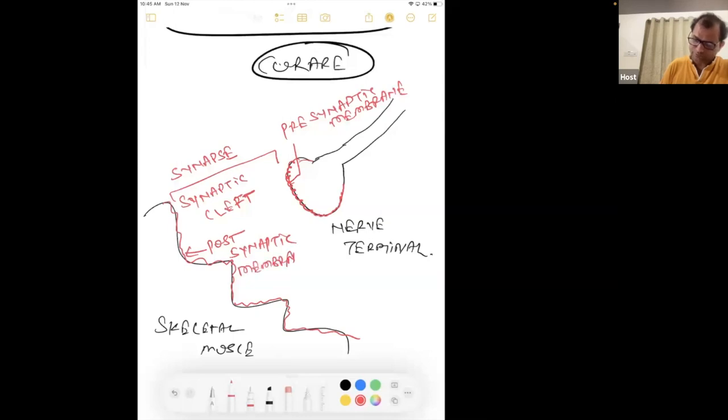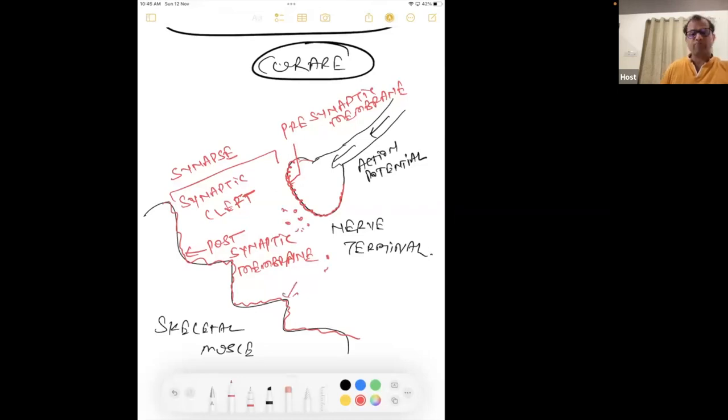Right. So the message is coming from the presynaptic membrane to the postsynaptic membrane. When the action potential comes in the nerve first, it takes the form of chemical signals here.